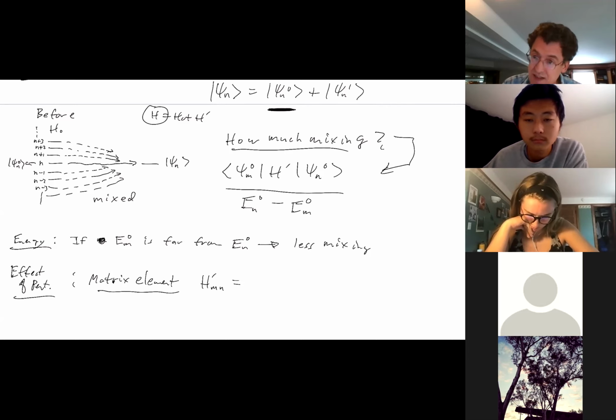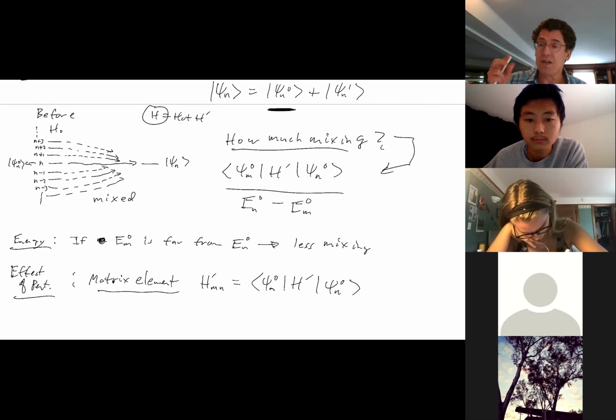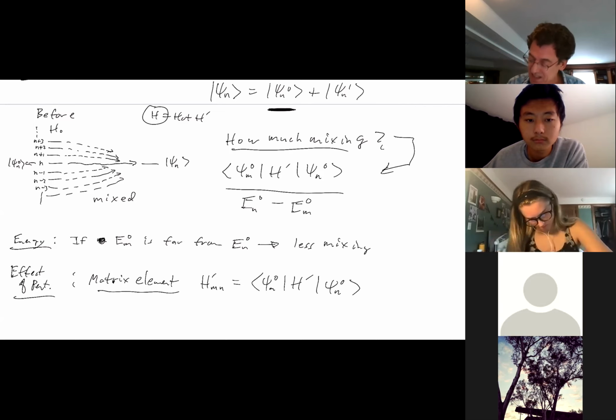That's a matrix element from the definitions that you learned last semester. So the numerator of this fraction is the matrix element of H prime that connects the states m and n.